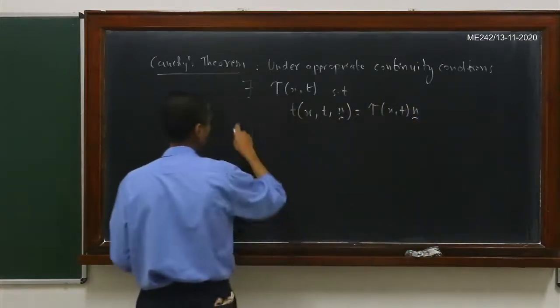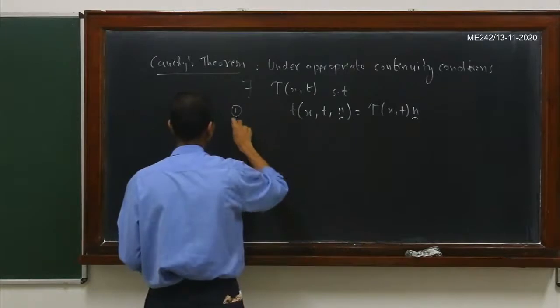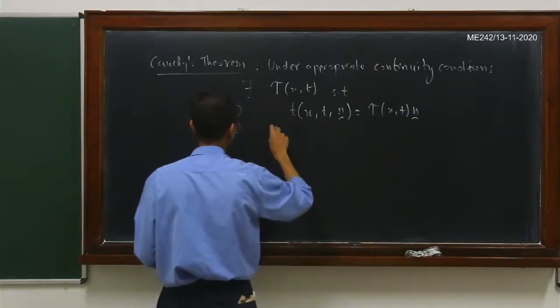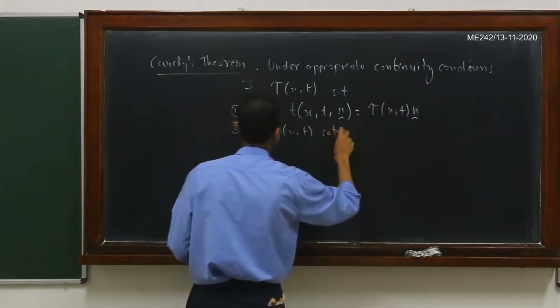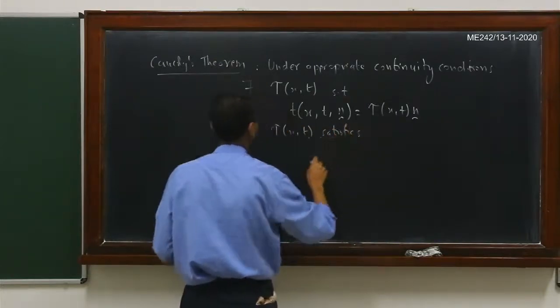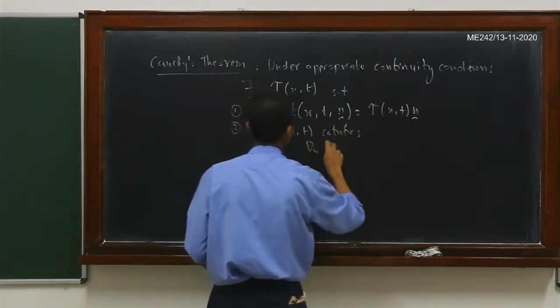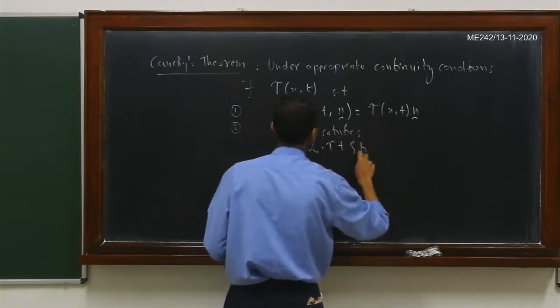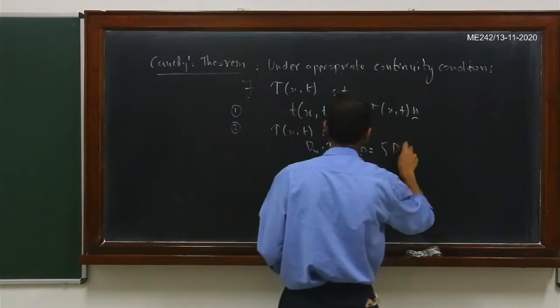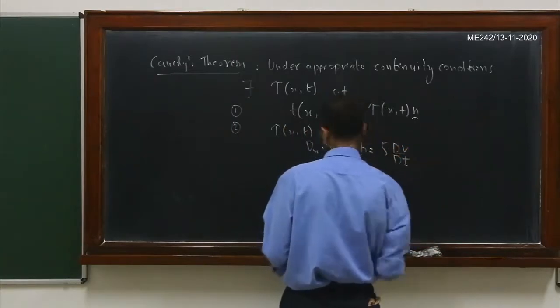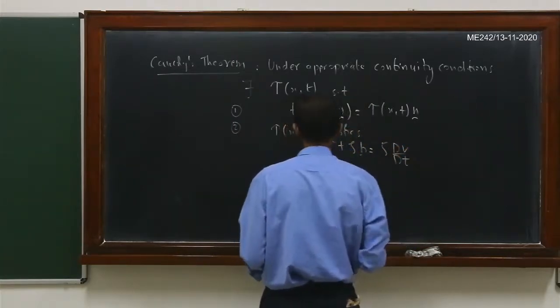That is the first statement. And the second statement was that tau of x comma t satisfies del dot tau plus rho b is equal to rho times dv by dt. So these are the two statements.